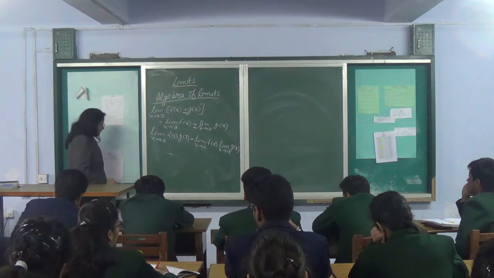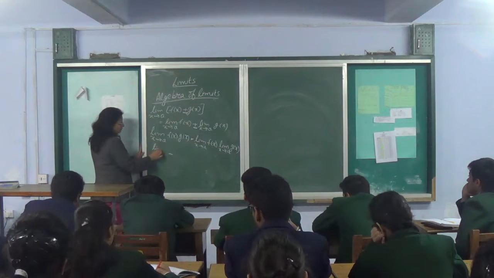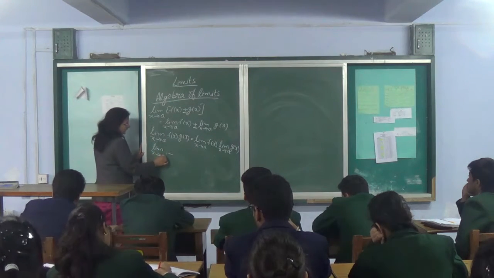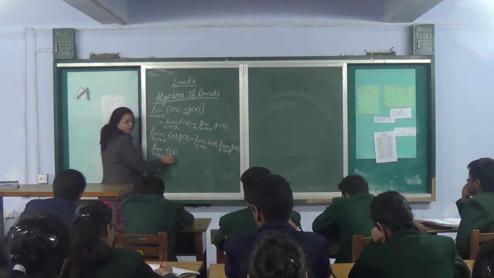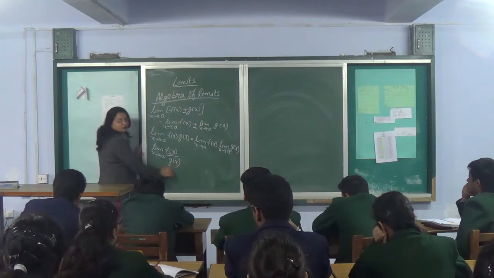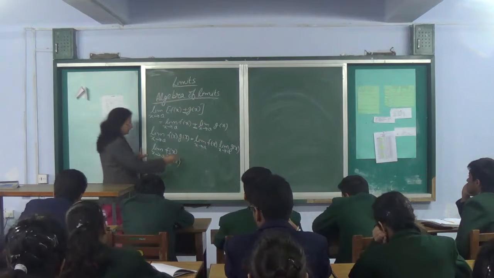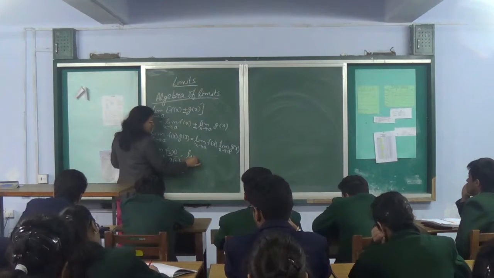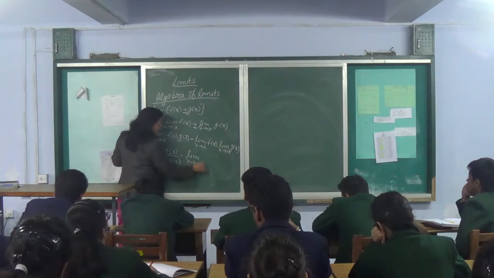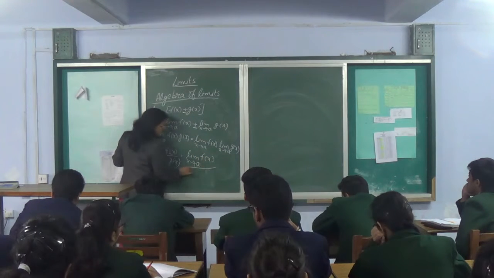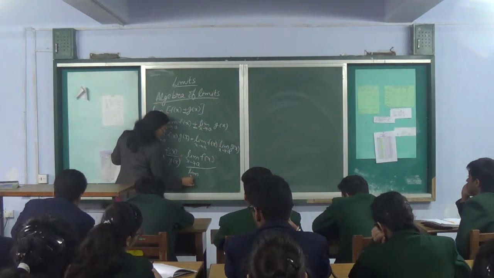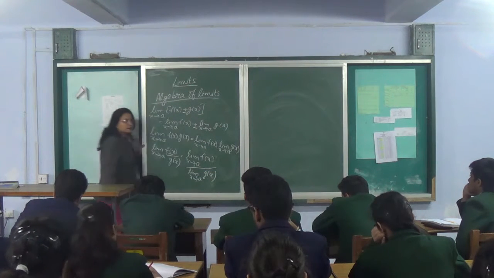And the same goes for division also. Limit x tending to a f(x) upon g(x) is equal to limit x tending to a f(x) upon limit x tending to a g(x).